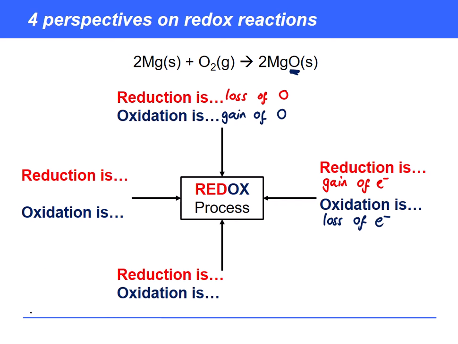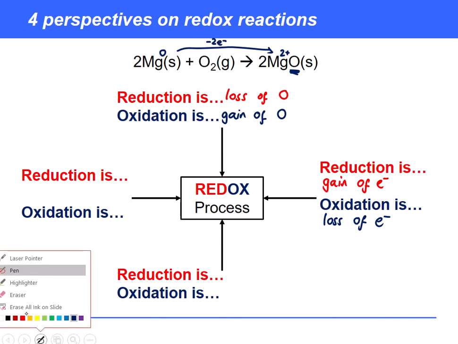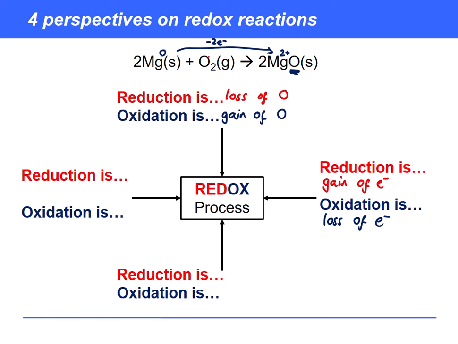So in this case, you can see that magnesium starts off with a charge of 0, it ends up with a charge of 2+, and so it must have lost 2 electrons, whereas oxygen starts off with a charge of 0, it ends up with a charge of 2-, and so each oxygen atom must have gained 2 electrons.